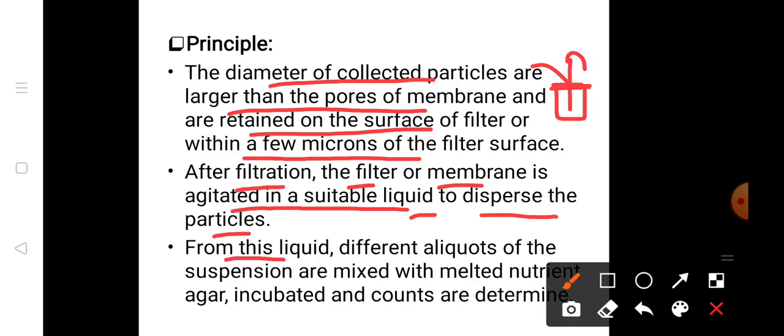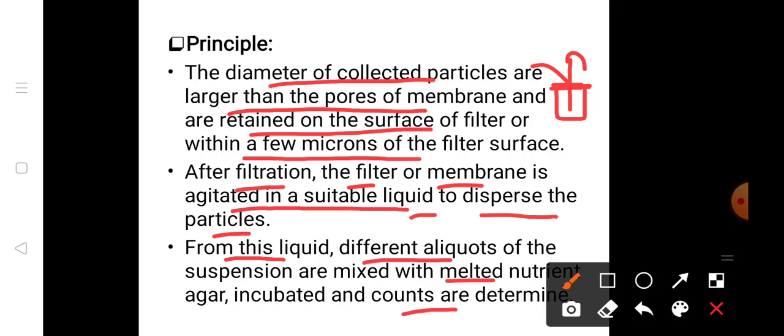From this liquid we prepare different aliquots, and then mix them with the melted agar. This melted agar is then poured, or we incubate it, and the counts are determined. So it is one of the simple methods, filtration.